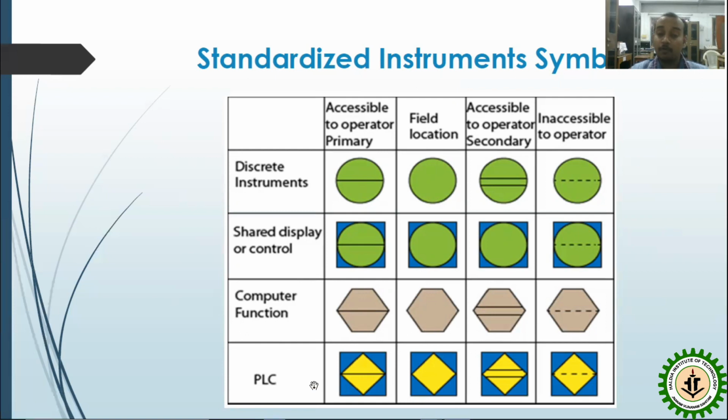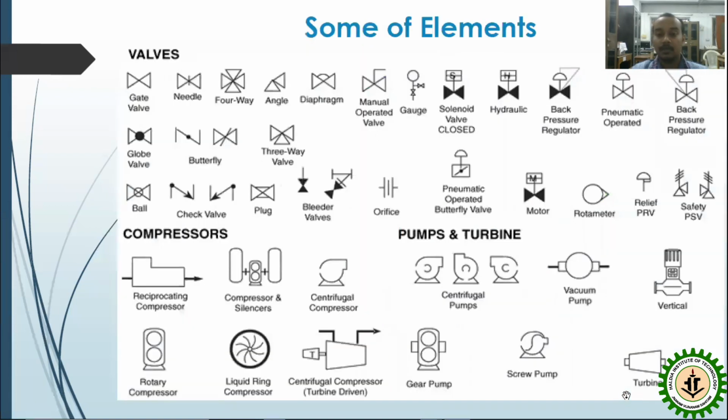If it is a PLC, programmable logic controller, we are using in our P&ID diagram, then the representation will look like this, which is shaped as a diamond. So please remember, when we go to draw the P&ID, those particular things also need to be taken under consideration of the standardized instrumentation symbols.